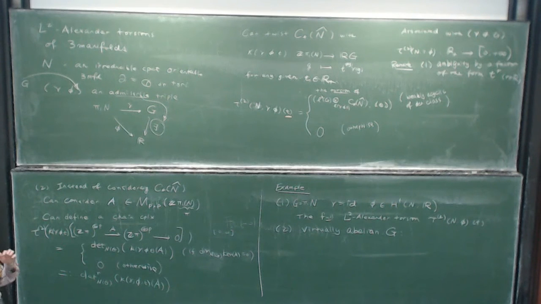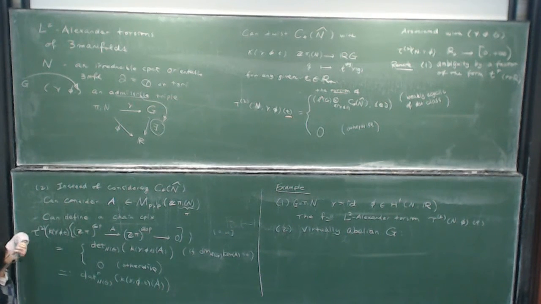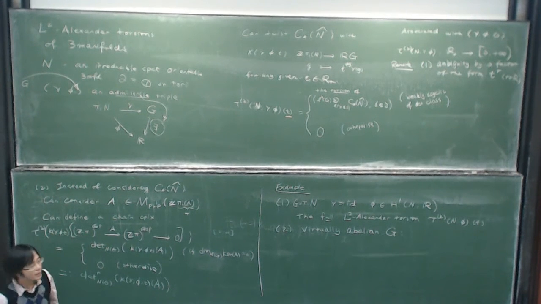And if you look at this setting, you might expect that G is some finite index subgroup of pi1 of N, some finite quotient of pi1 of N, but that's not actually true.